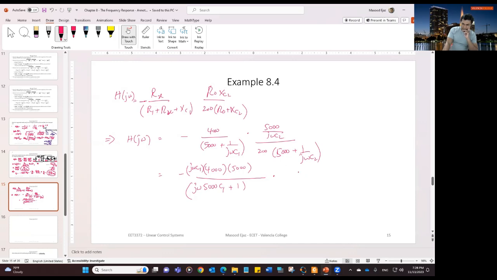So this will be cancelled out if I do that. So 5,000 over 200 times 5,000 j omega C2 plus 1. So it's shaping up as you can see. I can cancel this 2 with these 2, and 2 20s are 40.